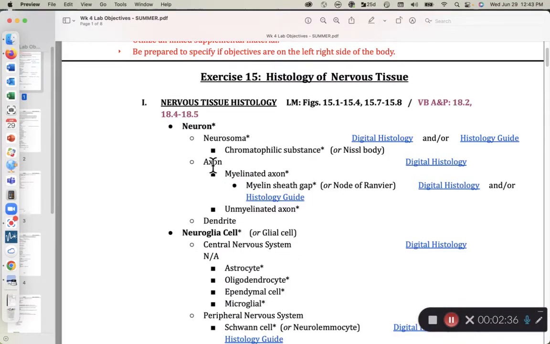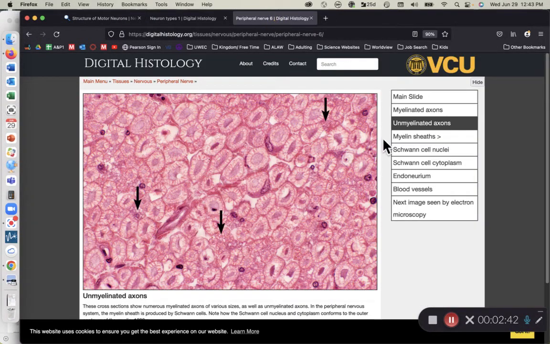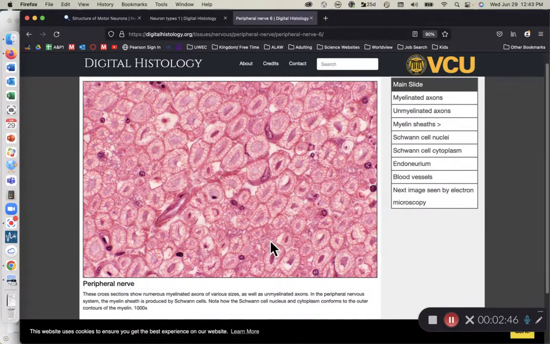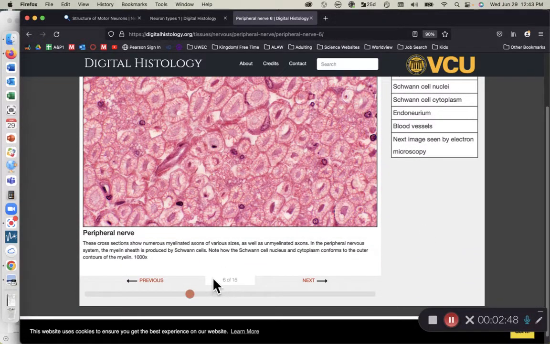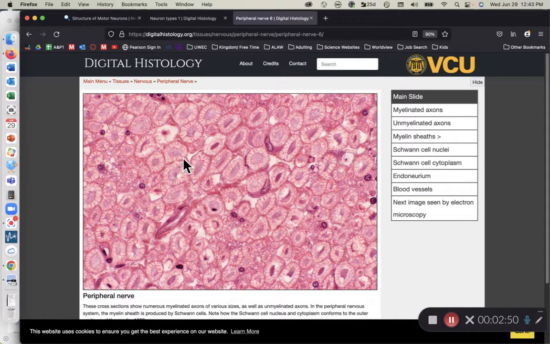As we're looking at axons, though, I want you to be able to differentiate myelinated and unmyelinated axons from each other. So here is a digital histology slide that I have pulled up. For those of you curious, this is slide number 6 of peripheral nerves. I like this image because it really does a good job of juxtaposing myelinated with unmyelinated axons. So let's start with the low-hanging fruit.